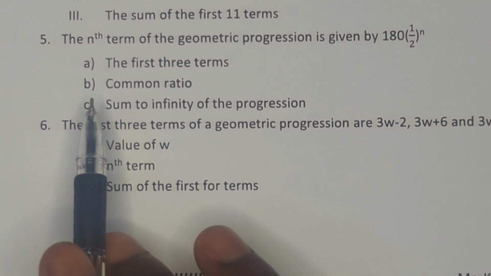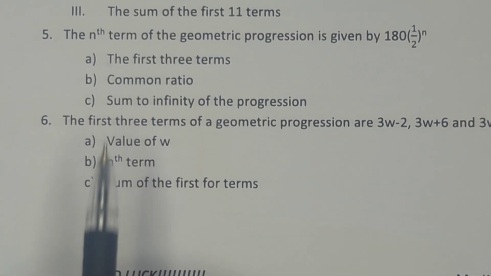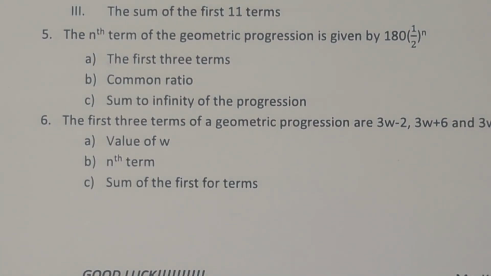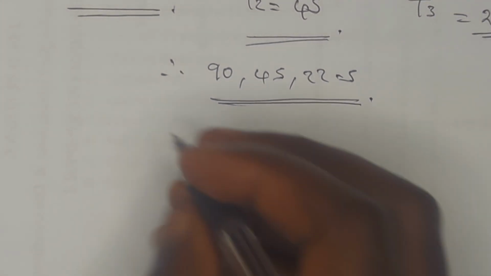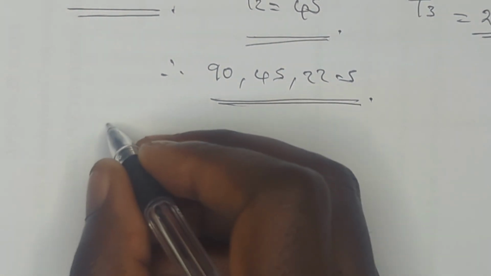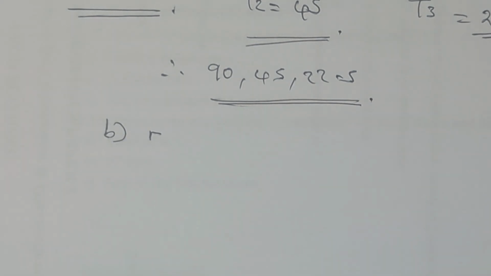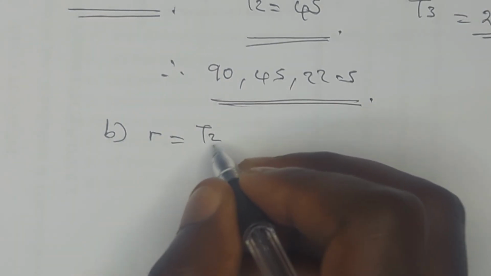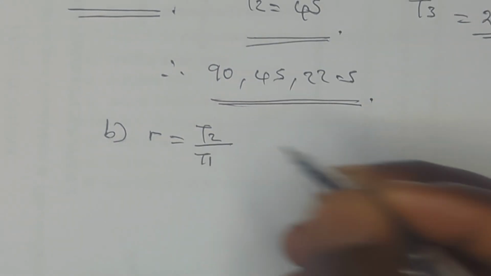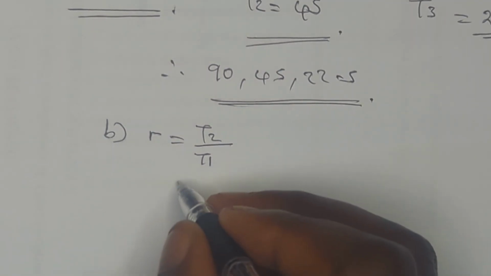The second question here says find the common ratio. So to find the common ratio, this is number B. R represents the common ratio. So the common ratio is equal to T2 over T1. Our T2 is 45.